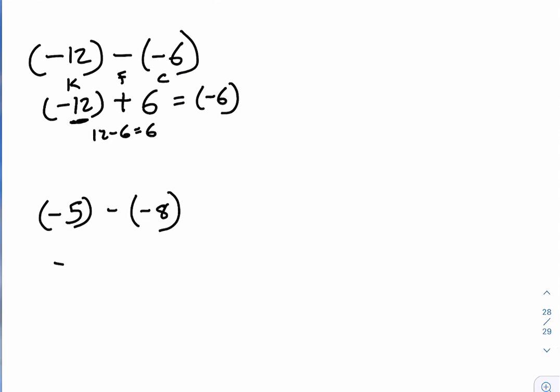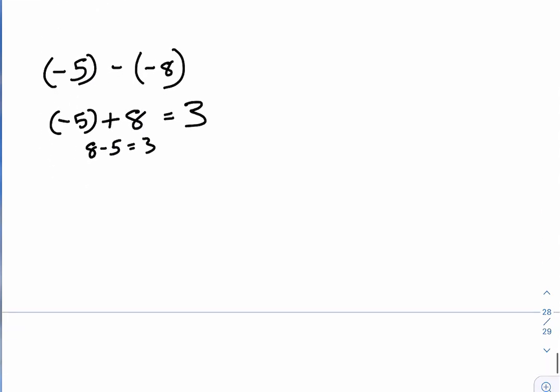Next one, keep, flip, change. 8 subtract 5 equals 3, so this one is 3. So there are a few examples of this. Nothing changes when there is a negative number first and then we're subtracting something from it.